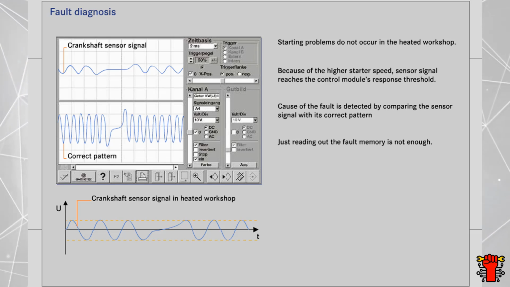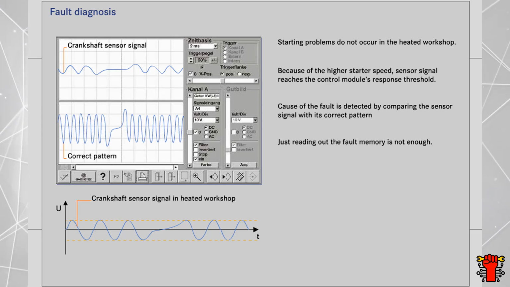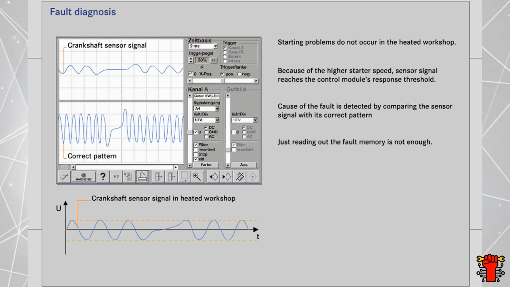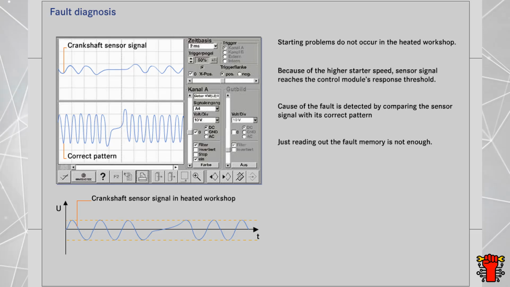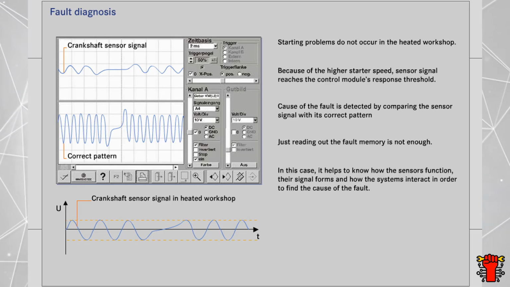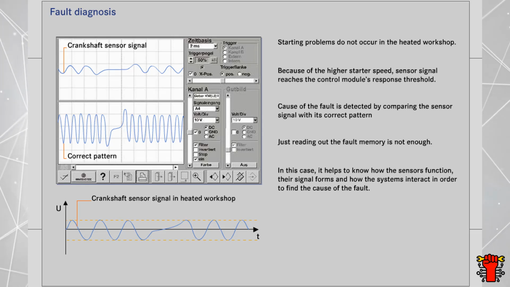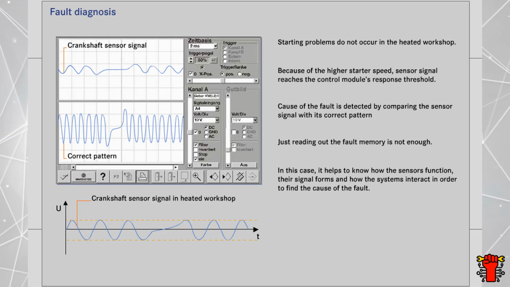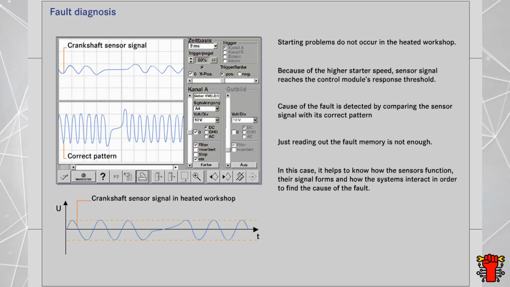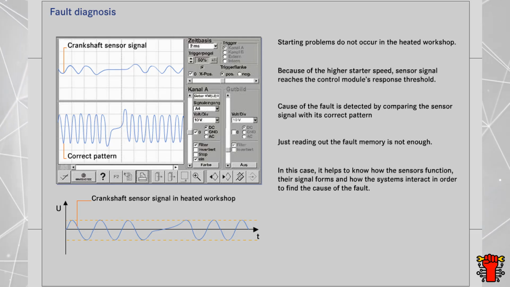This case study demonstrates that in certain situations, reading out the fault memory is not enough to detect a fault. In this case, it helps to know how the sensors function, their signal forms, and how the systems interact in order to find the cause of the fault.